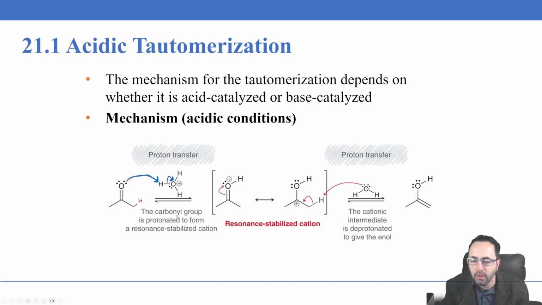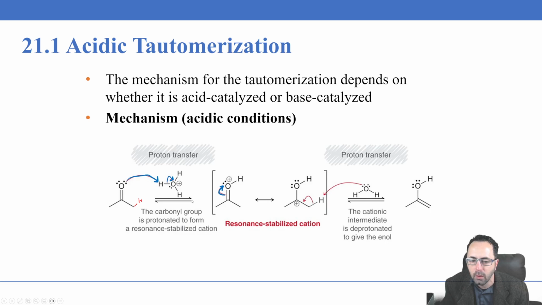At that point, we have a resonance-stabilized cation, because here we have a pi bond between two atoms of differing electronegativity, and so we could also draw this as having both electrons attached to the oxygen atom. In this resonance form, this oxygen has two lone pairs and two bonds, giving it zero formal charge. However, this carbon, which formerly had 4 bonds and no lone pairs, now has 3 bonds and no lone pairs, so it has a positive formal charge.